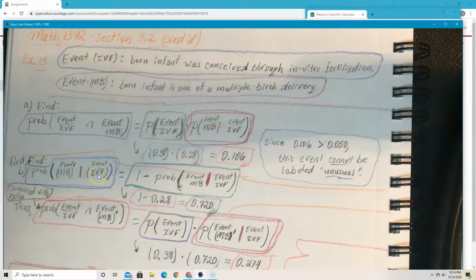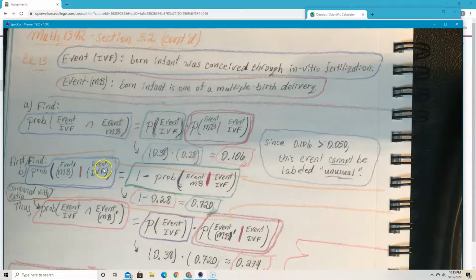If a baby was born and they were conceived through in vitro fertilization, then either they were part of a multiple birth delivery, meaning they had twins or triplets or so forth, or they did not.